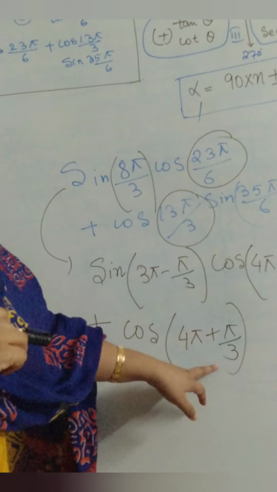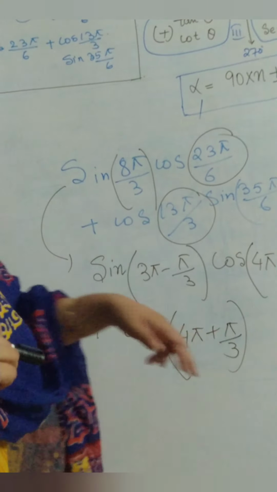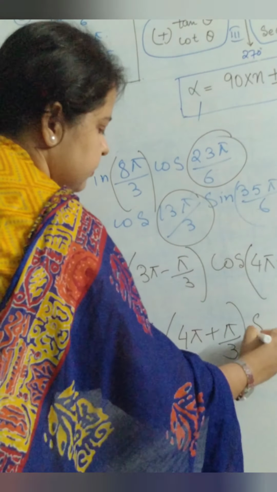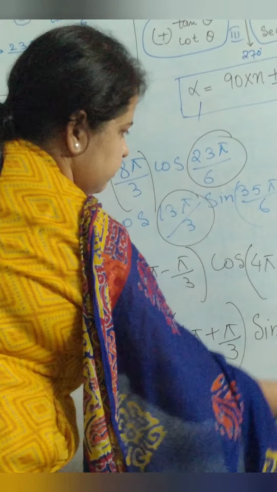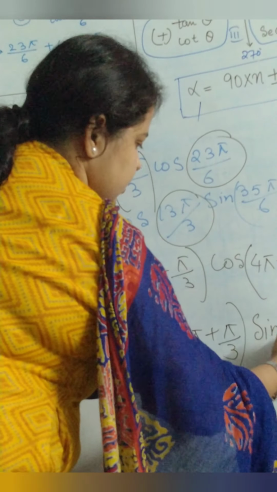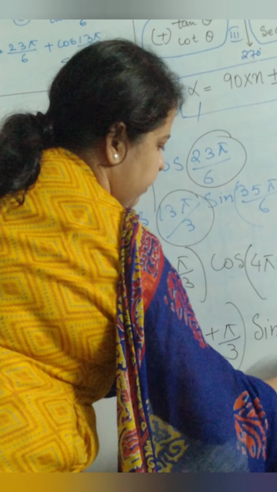So, see what I am writing: 4 pi plus pi by 3. It is also giving the same thing. 35 pi by 6. 6 6s are 36. So I hope you're getting my point.